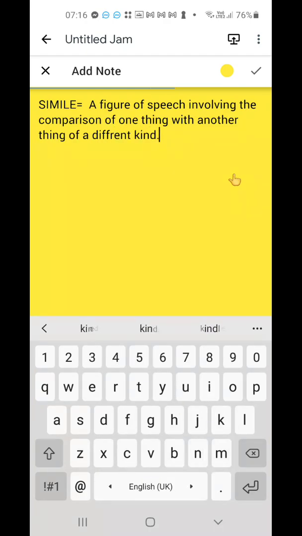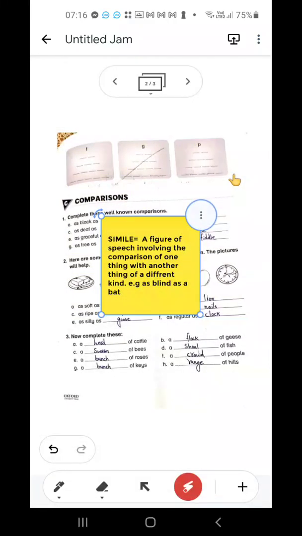For example, as blind as a bat. Right? Okay.